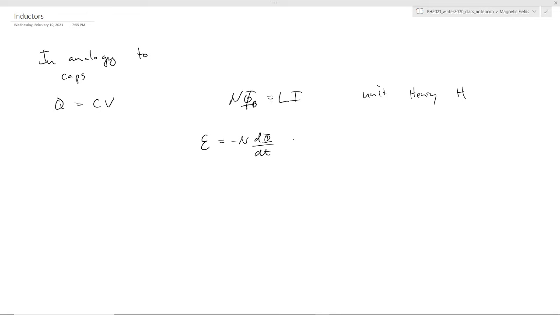So if we know that these things are the same, and the inductance is a characteristic of the geometry of the configuration and is not going to change in time, then this becomes equal to the change in time of the current. So in other words, if you have inductance, a changing current will cause there to be an EMF, a voltage.